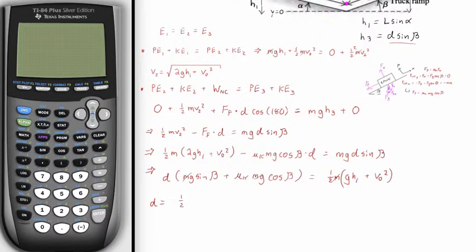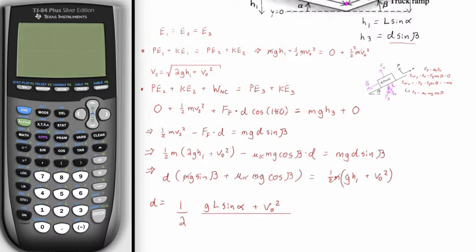Then our expression for the distance is 1/2, and then gh1 plus v naught squared. I should finally clear up h1, because it wasn't given. It's vl sine alpha, plus v naught squared.